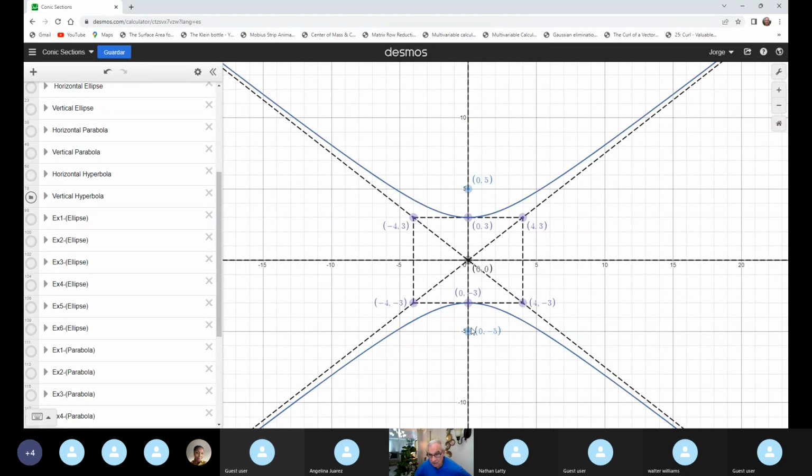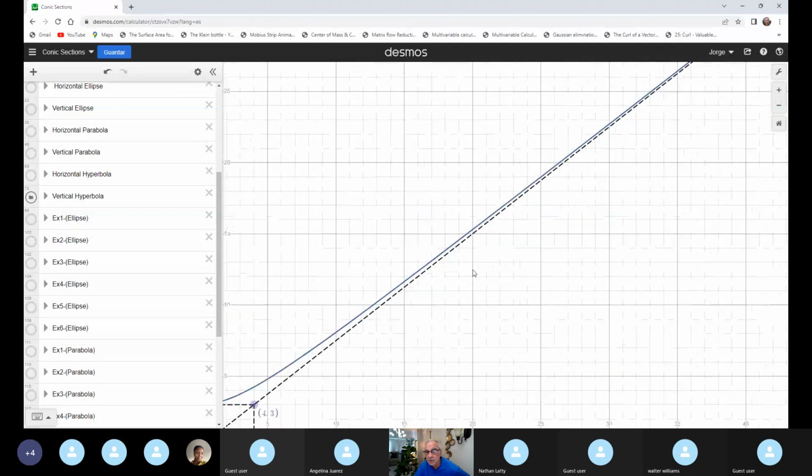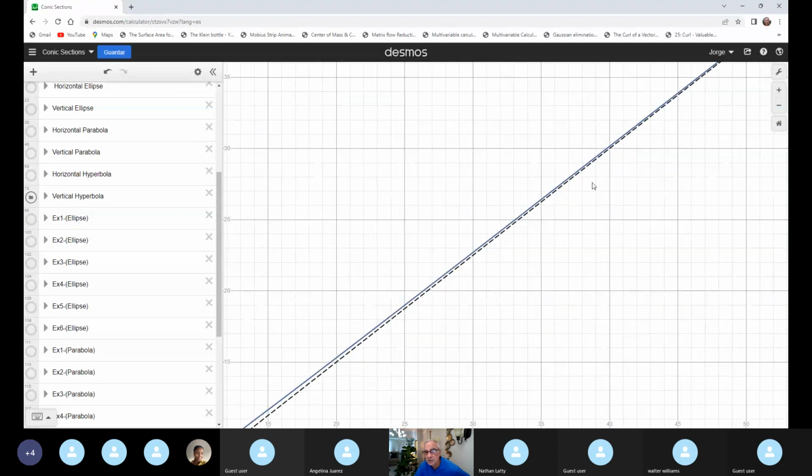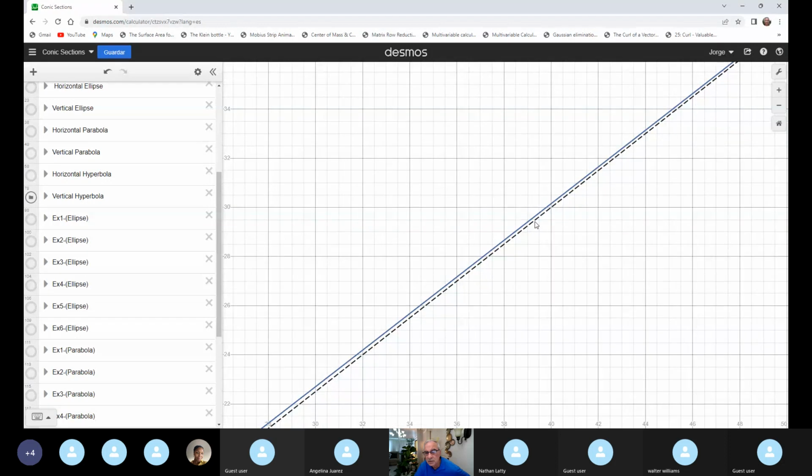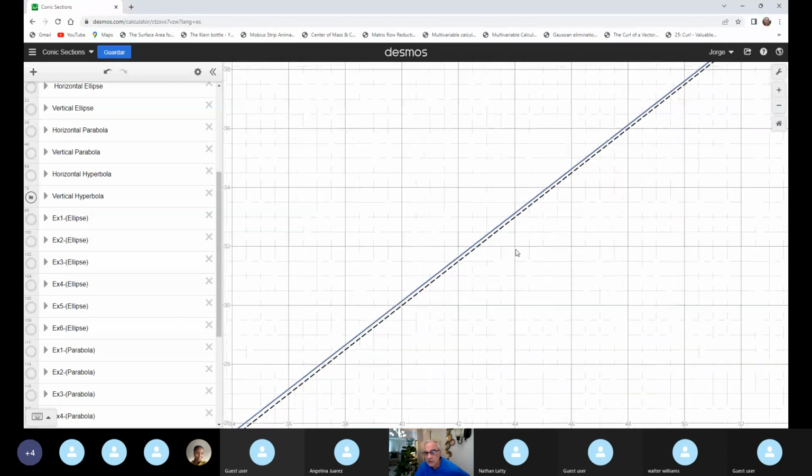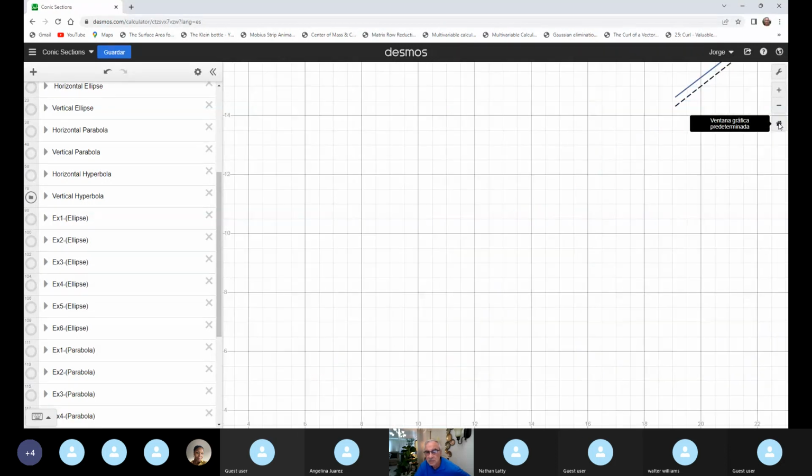And B doesn't participate in that, it's only used to make the reference rectangle. You connect the corners, you have the asymptotes, and look at that, it's amazing. The hyperbola approaches it but never touches. Asymptotically, look. The distance decreases, but never reaches 0. Do you see?